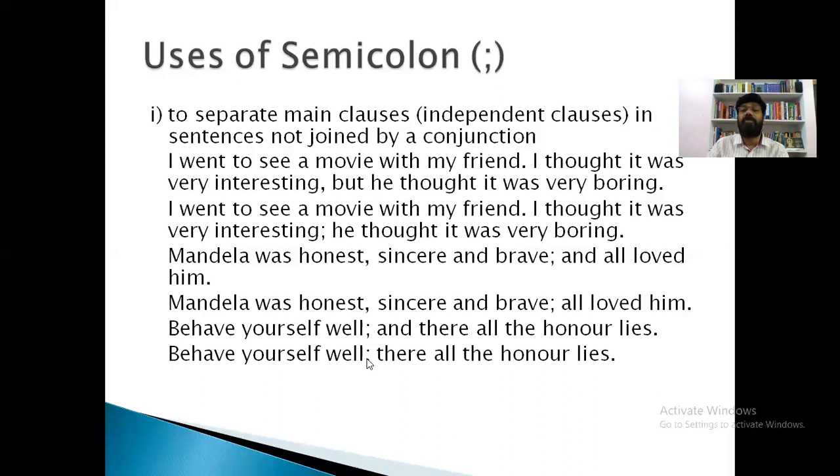So in place of a coordinating conjunction, we can use a semicolon for separating two clauses. So what is the first use of a semicolon? A semicolon is used for separating two independent clauses. A semicolon can act in the role of a conjunction. Which conjunction? Coordinating conjunction. So this is the first use of a semicolon.